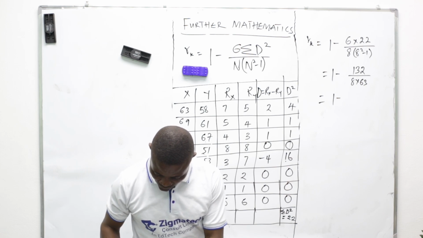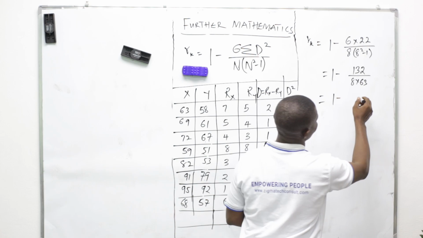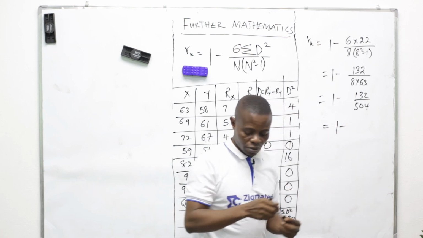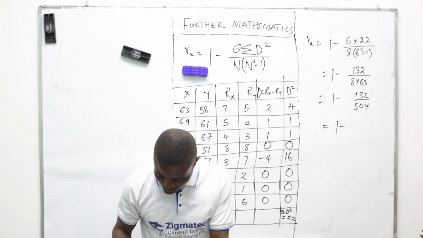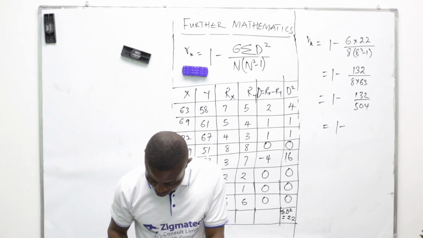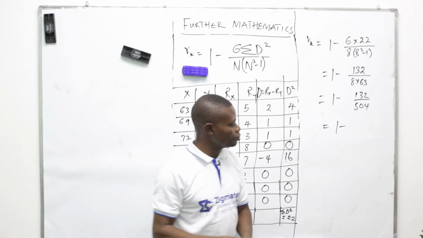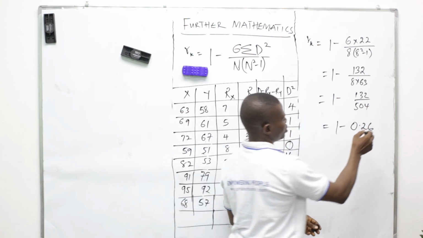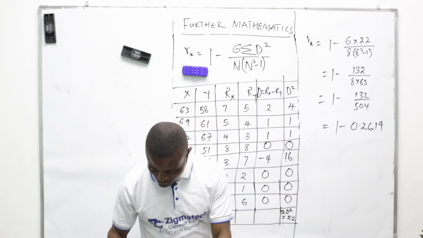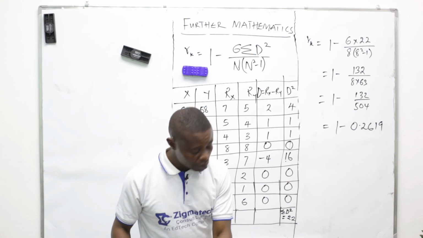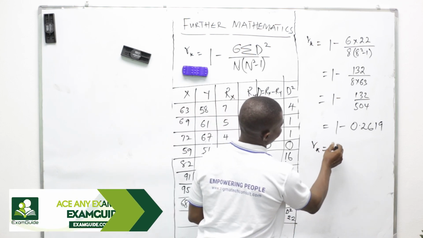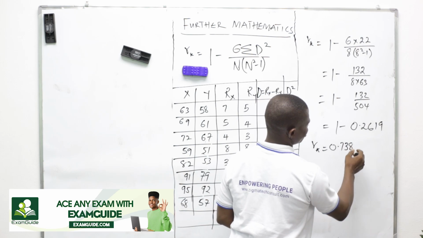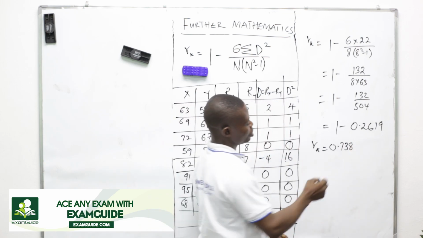63 times 8, 504. So 1 minus 132 over 504 equals 0.2619. 1 minus this, R equals 0.738095.